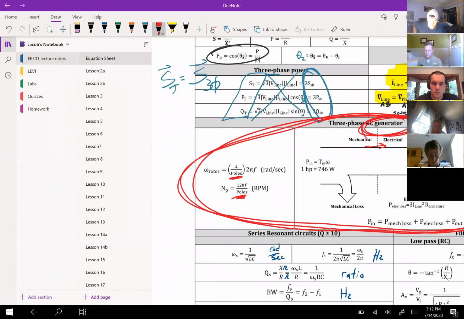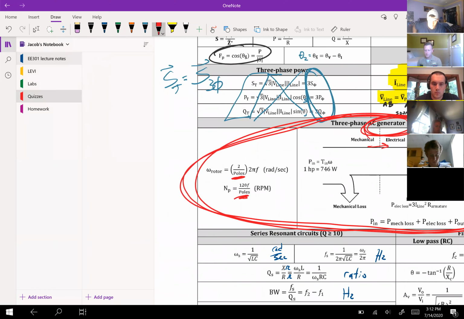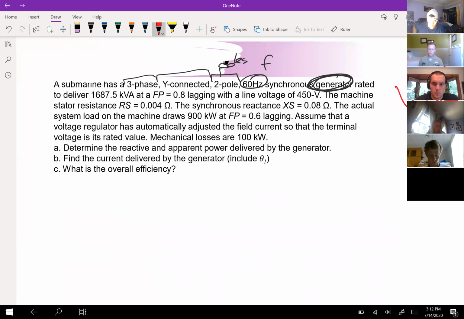So now let's see which of these terms we're going to need to solve. There's a lot of information in here. If you wanted to solve them, you could write them all out. Right here, VA is S, right? Apparent power, and I'll say it's S rated. The reason I'm distinguishing that is because down here, it gives us an actual condition. Think about your car engine: it's rated to go, even on your speedometer, it probably says 120 miles, 150 miles an hour.